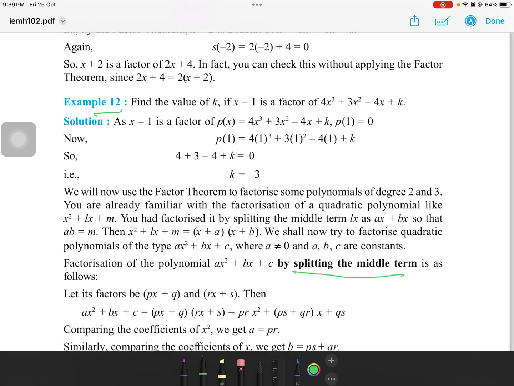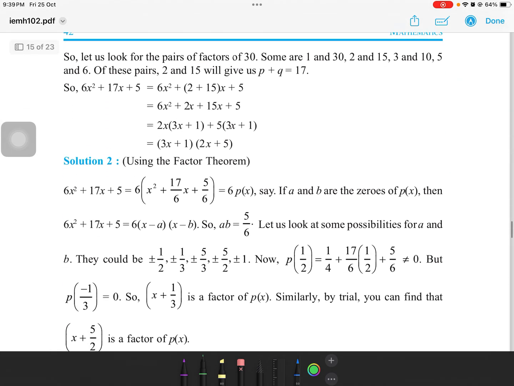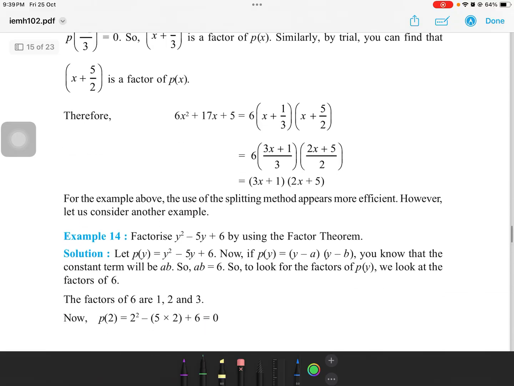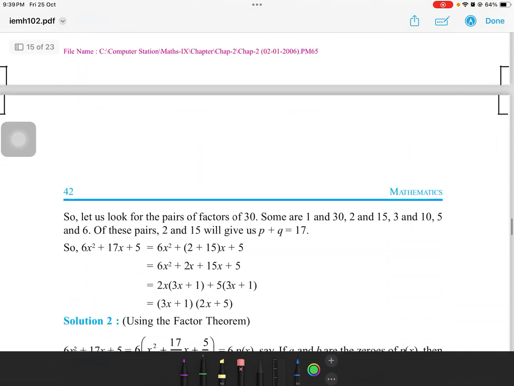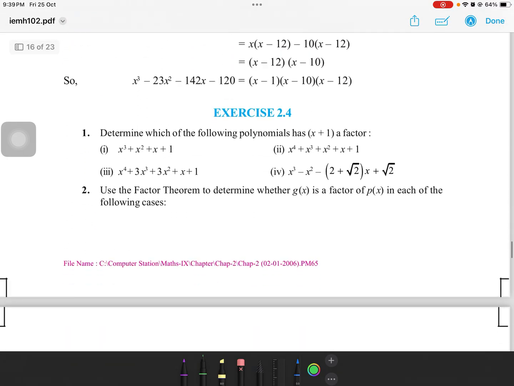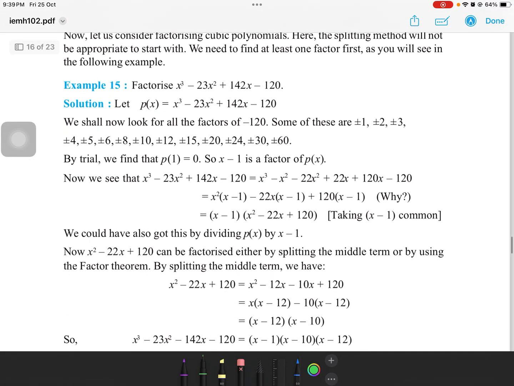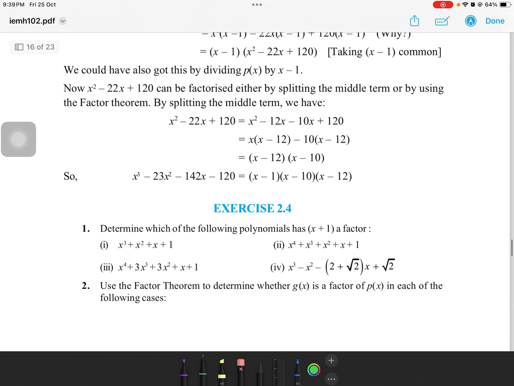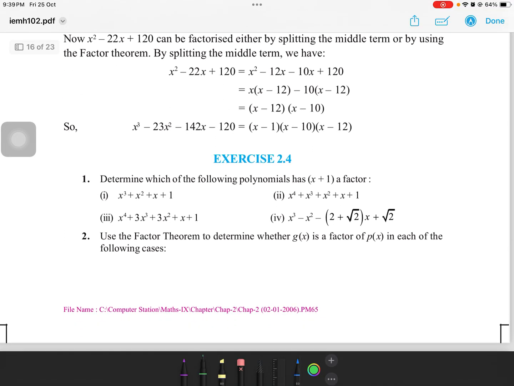For a quadratic equation you split the middle term, and for cubic and power 4, power 5 you use the factor theorem. That will be quite complex if you are not well versed in the remainder theorem. So I'll give you some time and then we'll walk through this, and I want you to solve only this one for your practice.